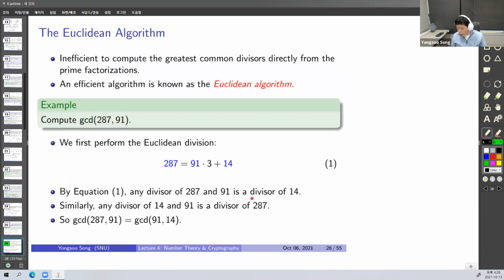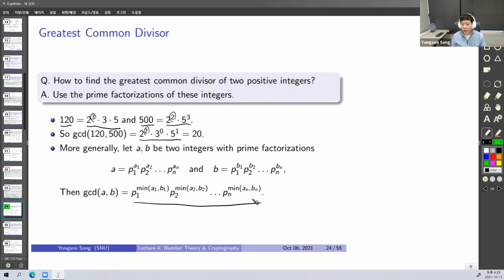Before going to the next section on the Euclidean algorithm, let me ask this question. Some of you probably know that integer factorization is kind of a difficult problem, especially when the size of an integer is very large.